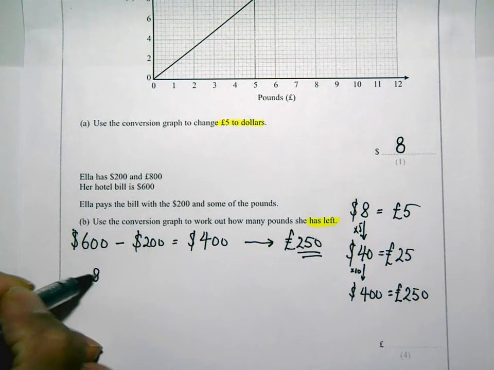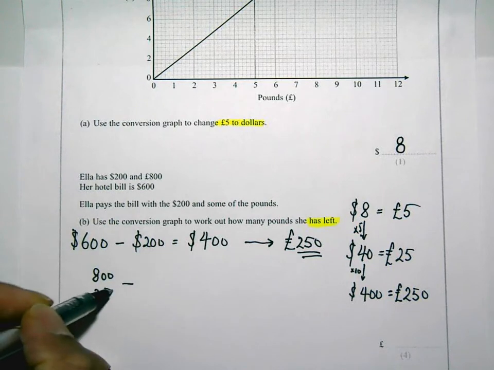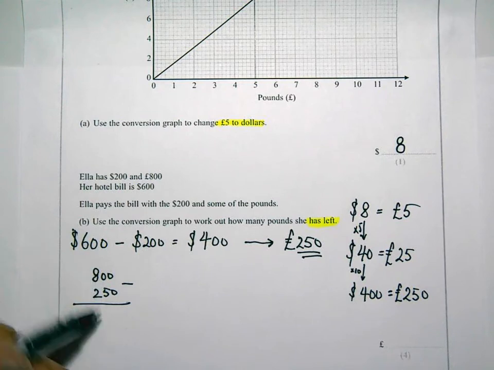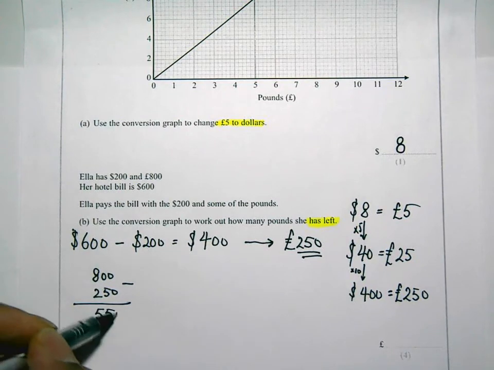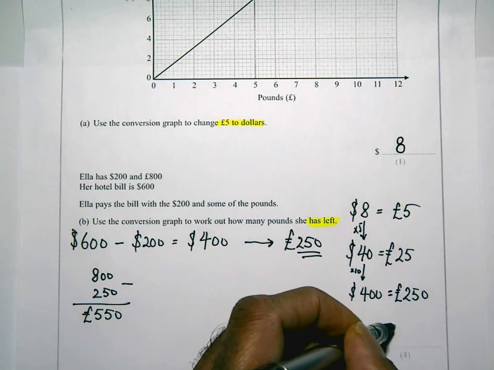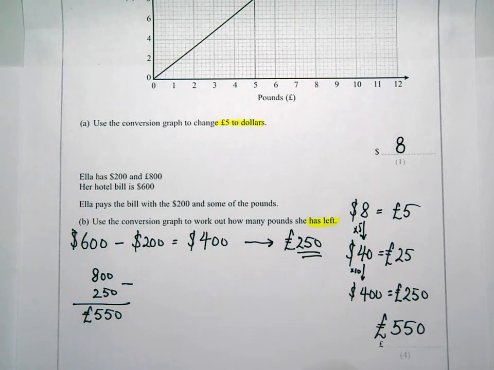I'm going to take away £250 from that. So that's 550. So the answer, £550. That's how much she has left behind.